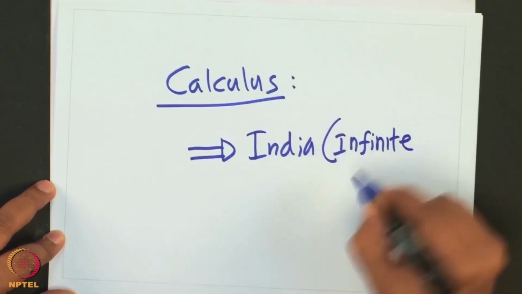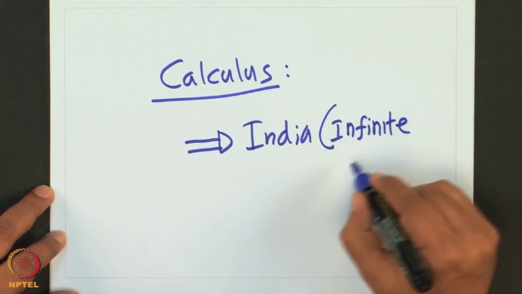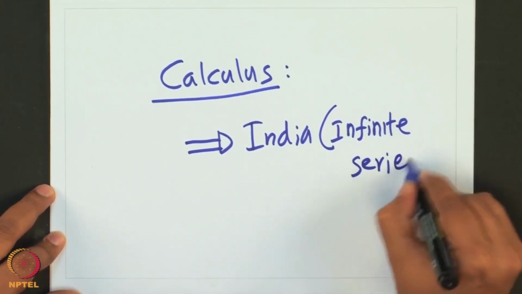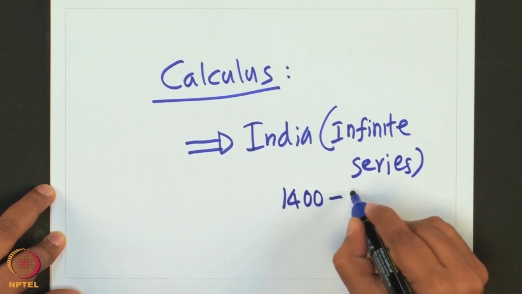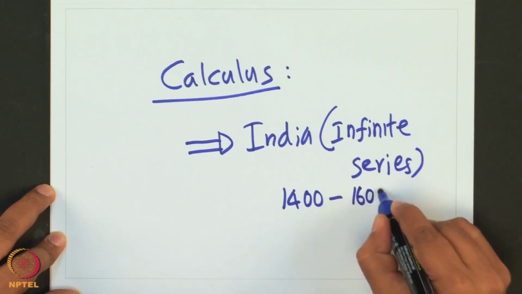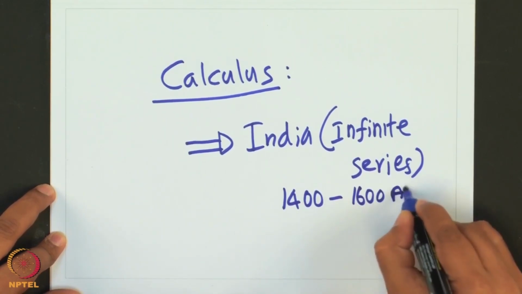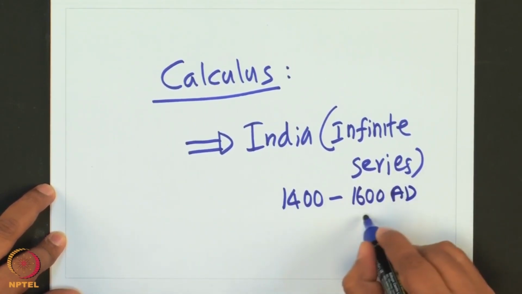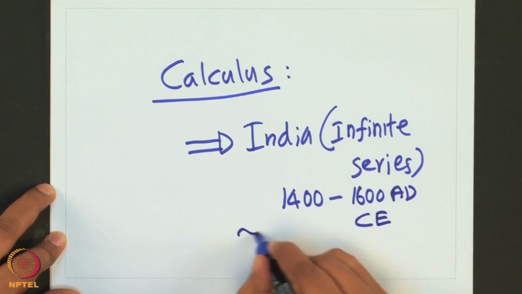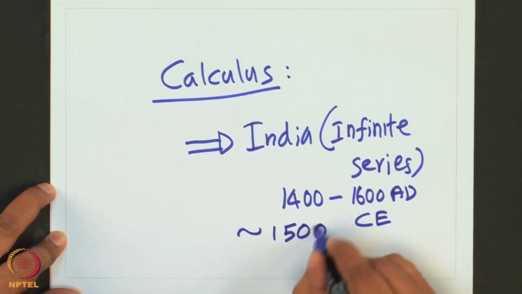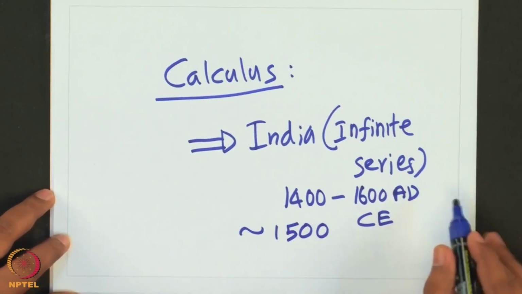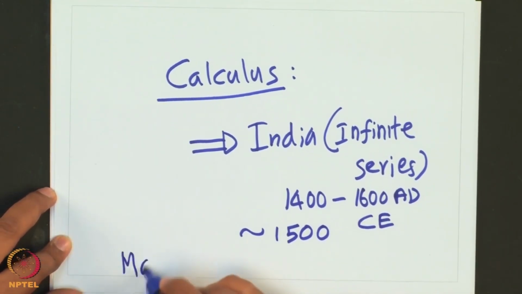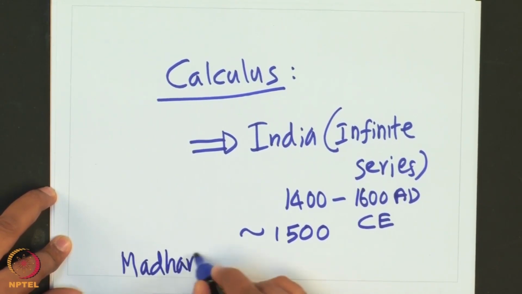This is the very beginning of calculus. This was 1400 to 1600, around 1500 AD, that is, or CE, it's called Common Era. So somewhere around this period, by many people like Madhava.